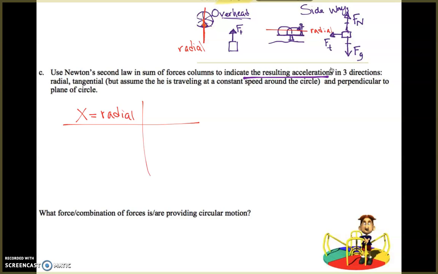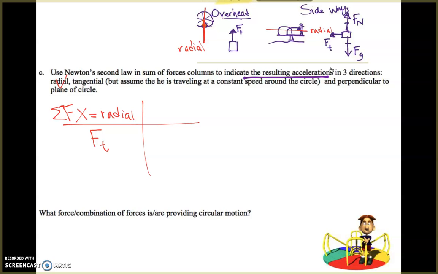So in the horizontal direction, I want to know the sum of the forces in the x direction. It looks like there's force tension, and that's the only force in the radial direction. It points along the radius of the circle. So we've done radial, go team.